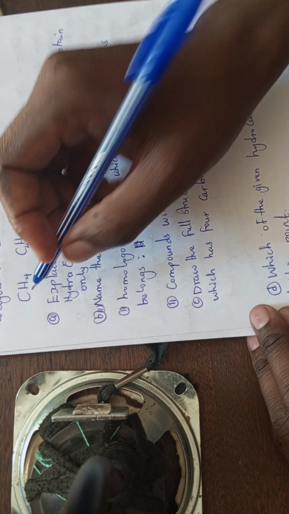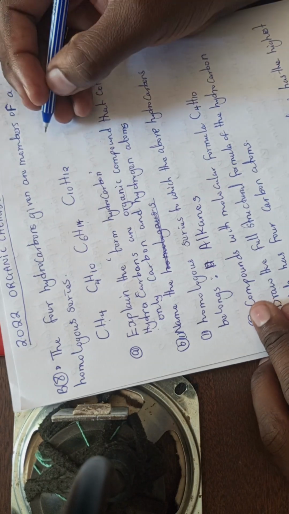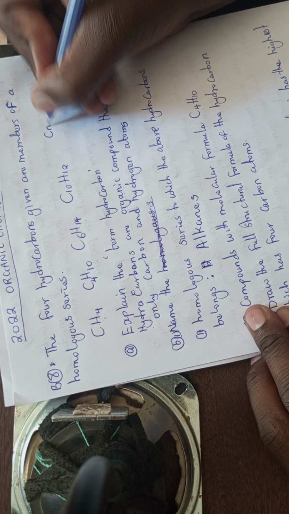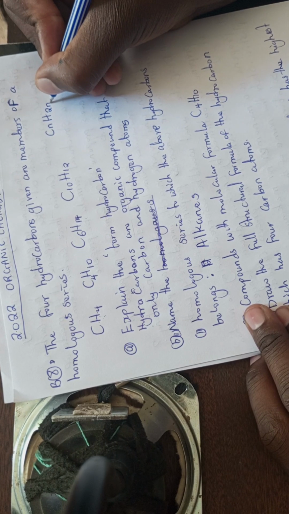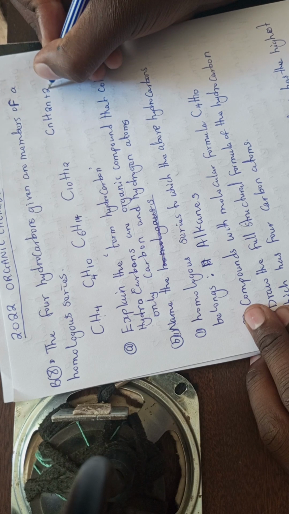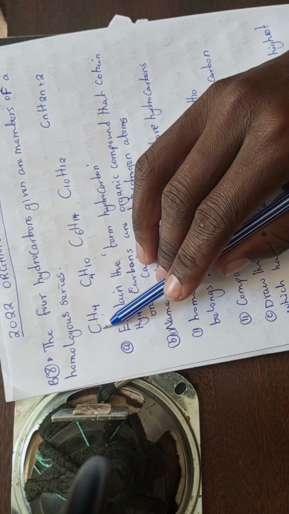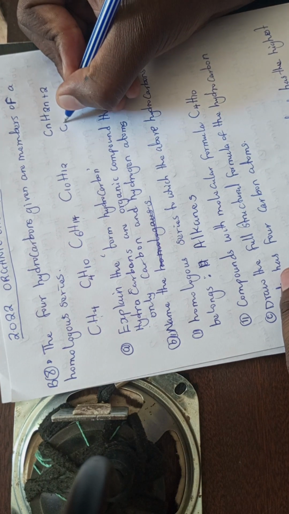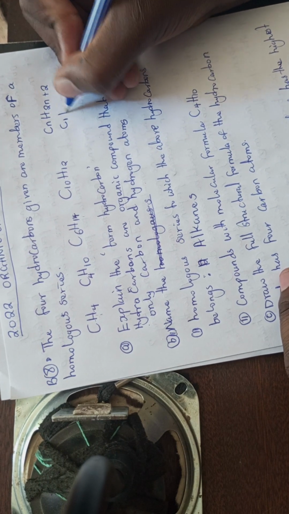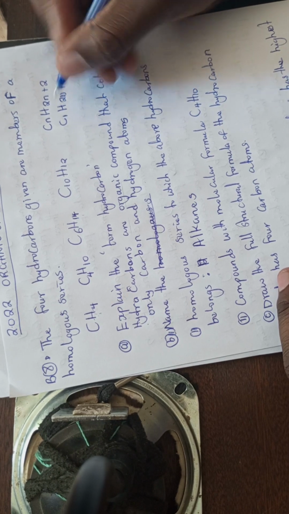Because for these to exist, they use the general formula for alkanes, which is CnH2n+2. Since we're talking about one carbon atom, we put C, the 1 there, H, 2 times 1 plus 2.